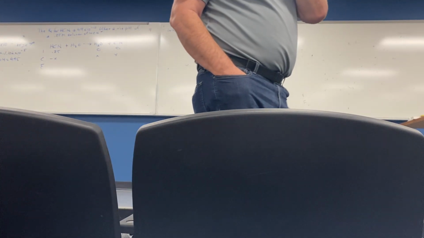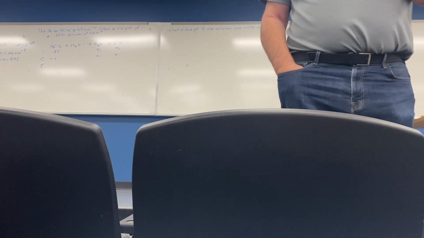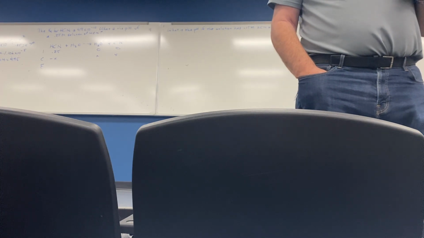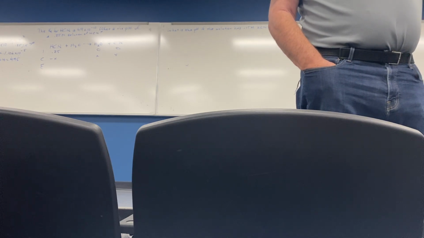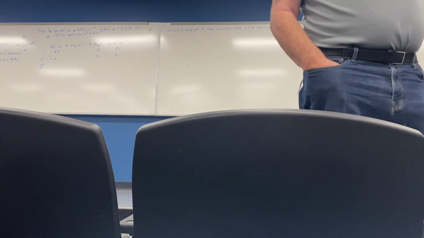Now, there's one piece of data that probably you should know, but it's been a while since we talked about it, so let me remind you again. What's the difference between strong and weak in chemistry? Whether it completely breaks up or not, right? Anything that is attached to column 1 is a strong electrolyte.